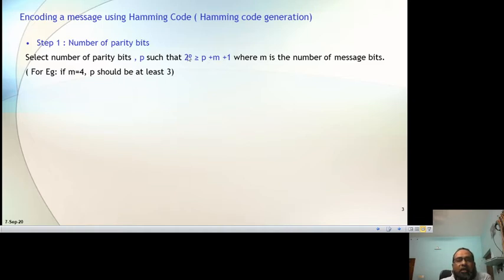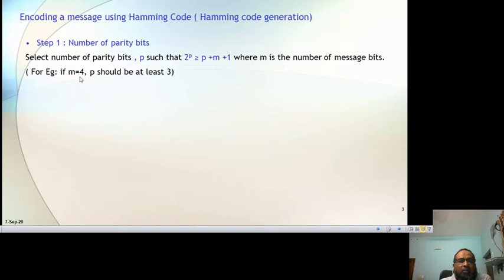Then you try another value, p equal to 2, and again it cannot be satisfied. If you make p as 3, then 2 raised to p is 8, which should be greater than or equal to 3 plus 4 plus 1, that is 8. Both sides are equal, and the left side should be either greater than or equal to the right side. Here it is equal.